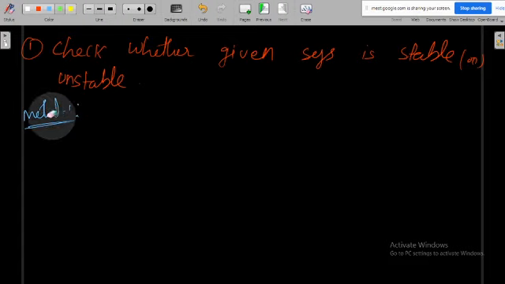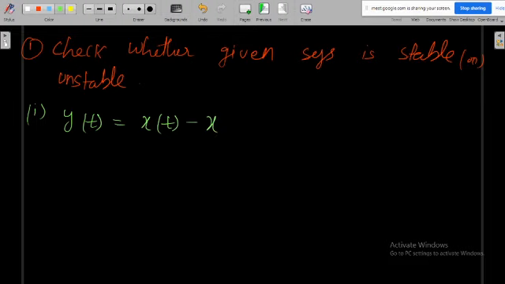First we'll write the problem: y of t is equal to x of t minus x of t minus 2. Whether the given system is stable or not.